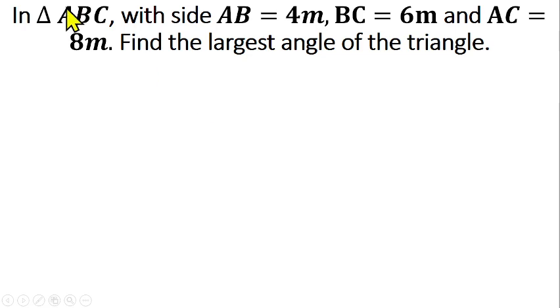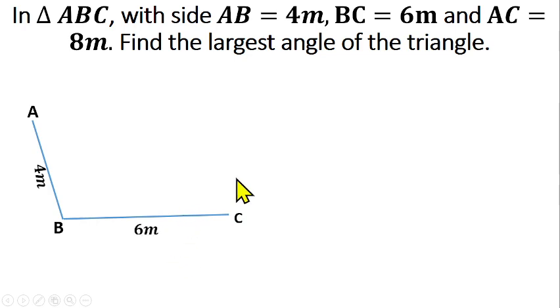So you are given a triangle ABC. So I can draw the triangle. Say this is side AB. Call it 4 meters. Draw another line. Call it BC, and BC is 6 meters. Then join this together. We have AC, and that is 8 meters as well.